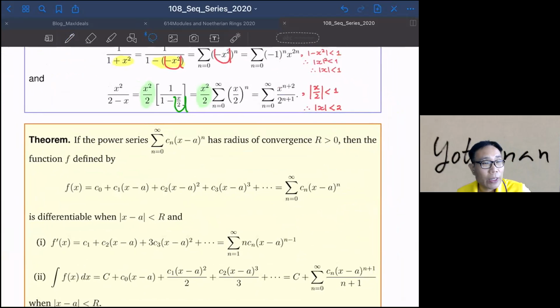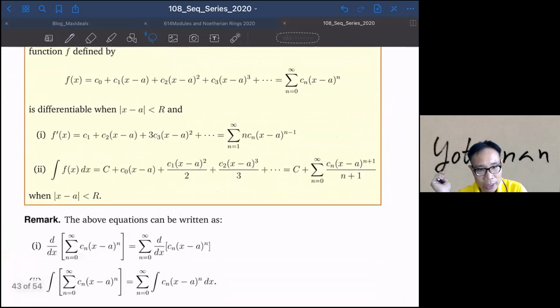The thing that we can do to power series, besides the first thing that I taught you already, is that you are able to differentiate the power series and integrate the power series term by term. So you differentiate f, or integrate f accordingly, and you get term by term differentiation or term by term integration.